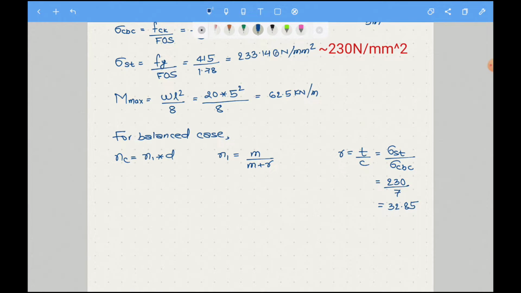Now we are going to find the value of N1. For that we will be needing the value of the modular ratio. So what we know, the value of modular ratio is nothing but 280 divided by 3 times sigma CBC. So that should be equals to 280 divided by 3 times 7, and the result would be 13.33.